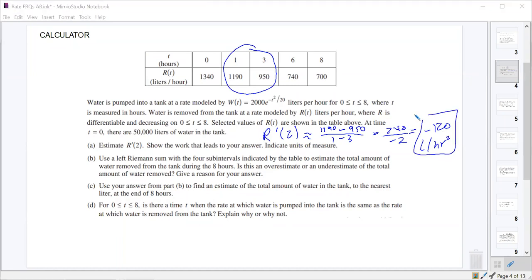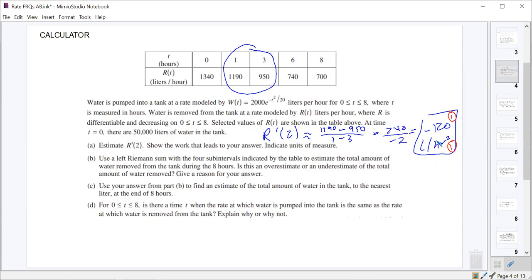Any questions there? You got 1 point for negative 120 and 1 point for the correct units, liters per hour squared. Okay, everyone's good there? Perfect.